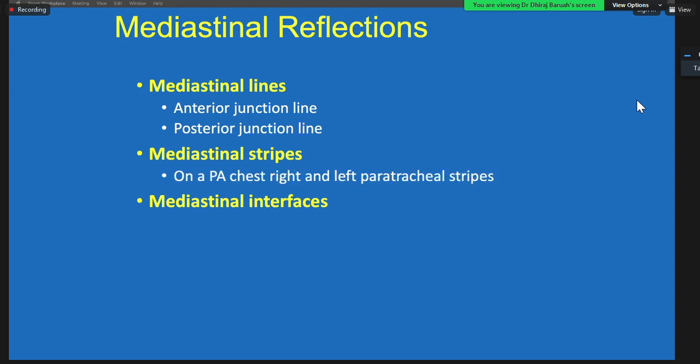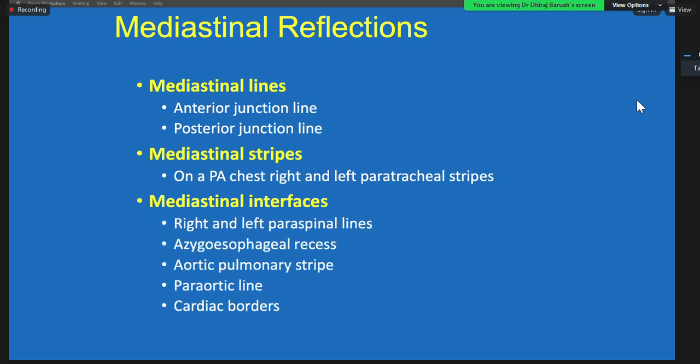And then for mediastinal stripes, we already talked about the right and left vertical stripes, and they are bands that result from air outlining thicker intervening mediastinal structures, not like the junction line where the lungs are intervening. The mediastinal stripes present on PA radiographs are those we already described.